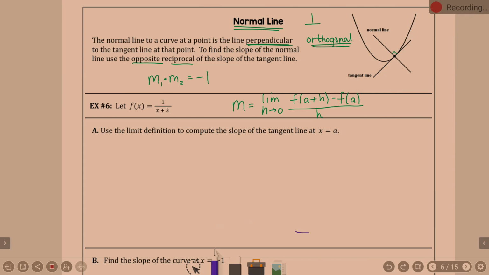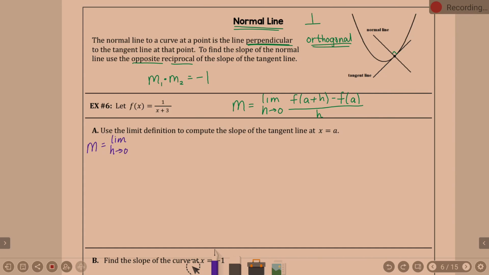So, m equals the limit as h approaches 0. What is f of a plus h going to look like? One over a plus h.